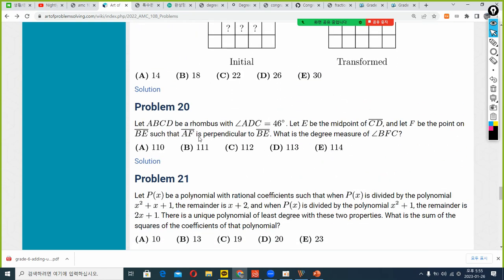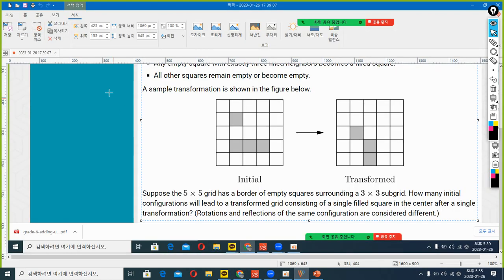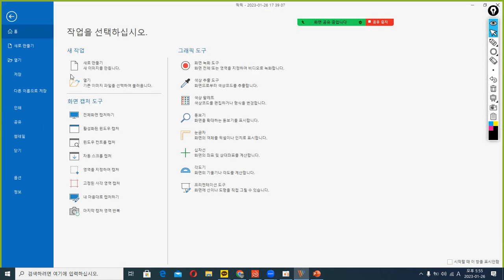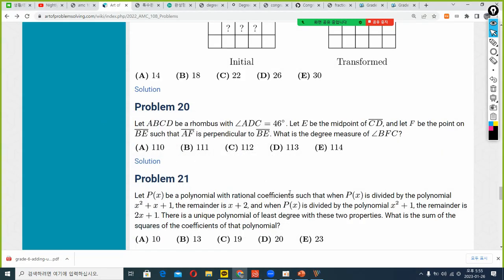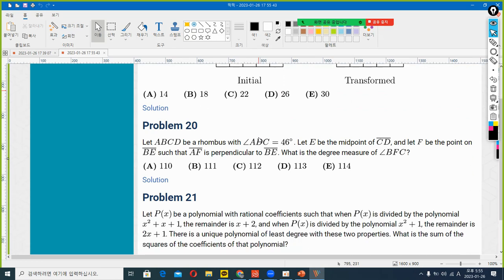Yep, and let's just think of number 20. So number 20 is a geometry problem.